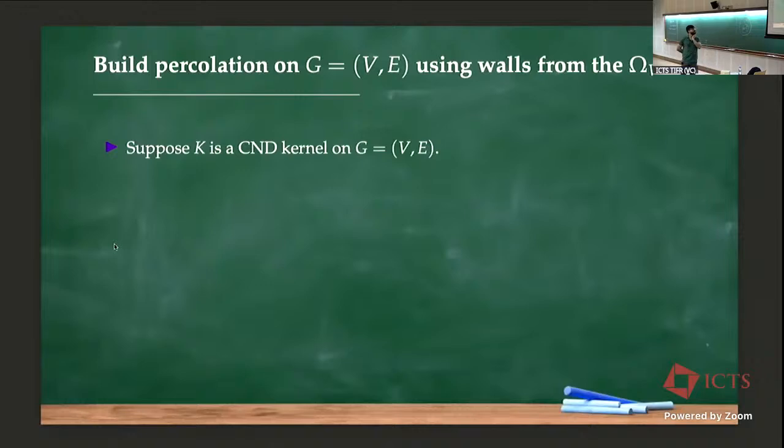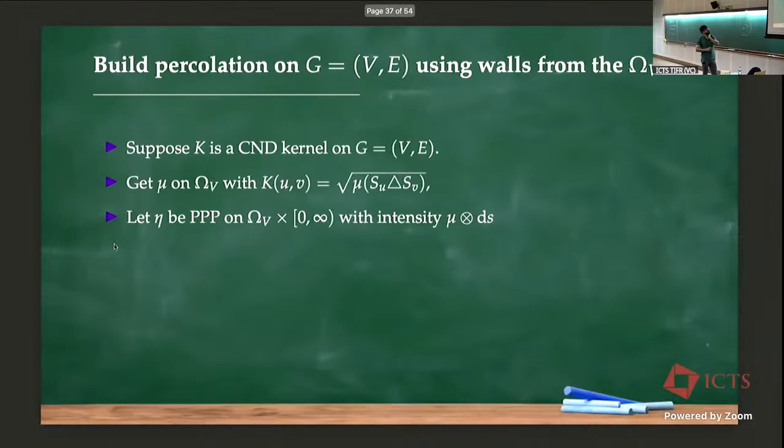Suppose you fix a kernel K, which is, let's say, a CND kernel. By this fact, we know that we can get a measure mu, but it comes with a square root. So the kernel can be represented as the square root of mu of the symmetric differences of these sets S at U and V.